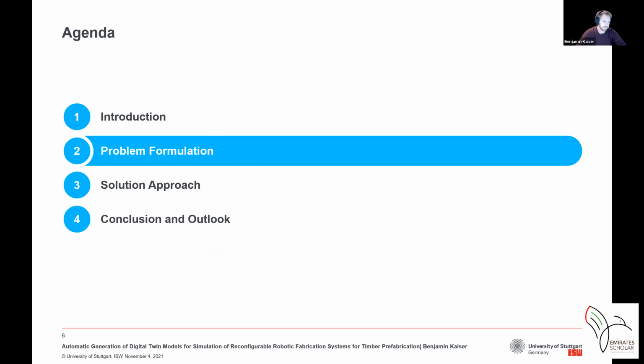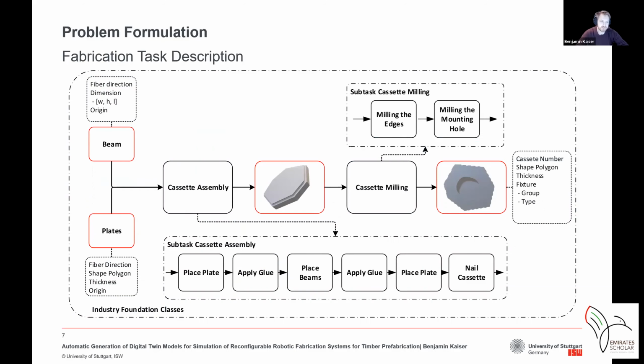So one thing is that for such a complex system, we need a method to describe the tasks that need to be carried out in order to fabricate certain building elements that we want to manufacture at the end. And what we're doing right now is to use a task-based description, which is stored in a task graph, which at the end holds the sequence that needs to be carried out in order to construct the building element.